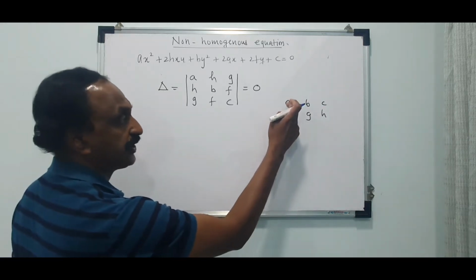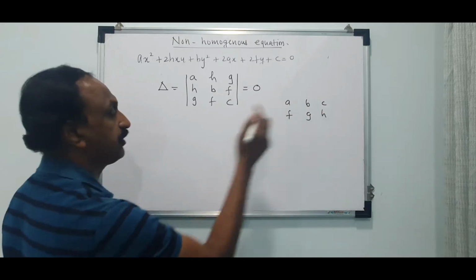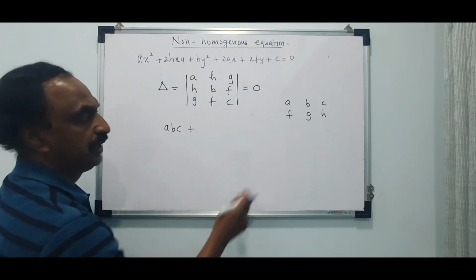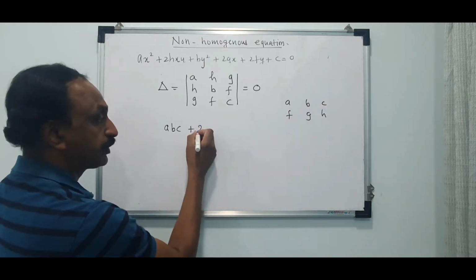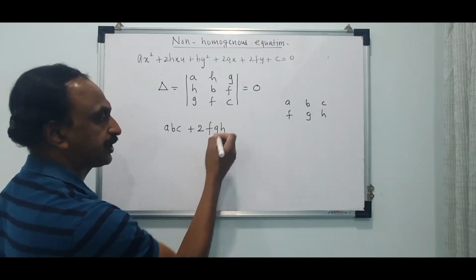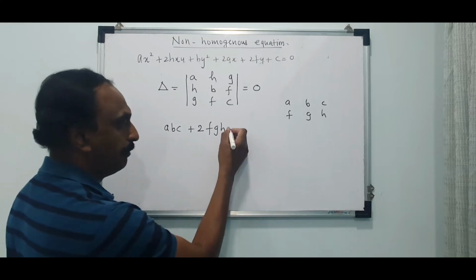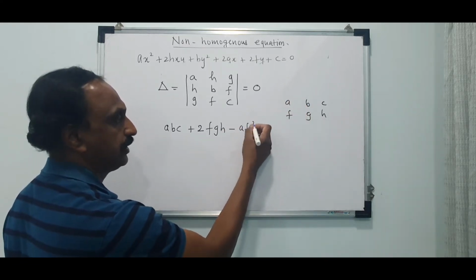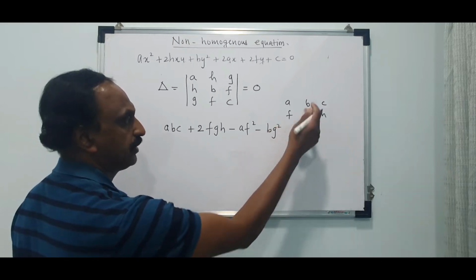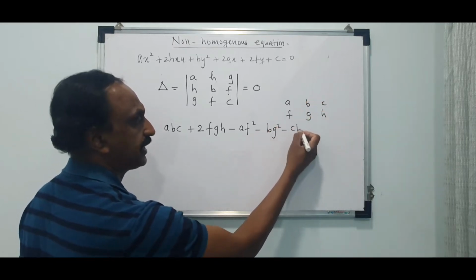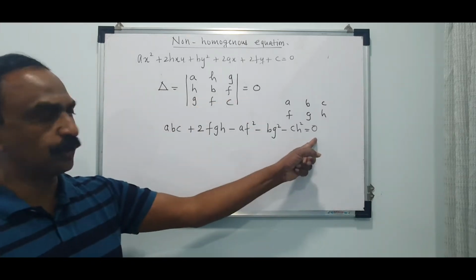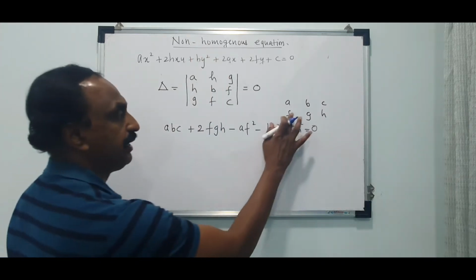Then the first term of this expansion will be the product of the first three alphabets, abc, plus 2fgh, minus af², minus bg², minus ch². If this expansion is 0, then this equation would represent a pair of lines.